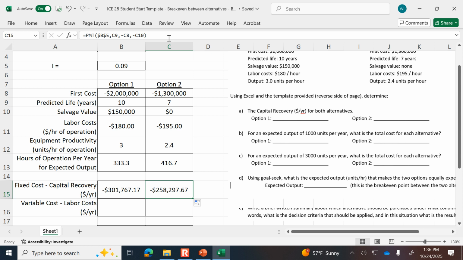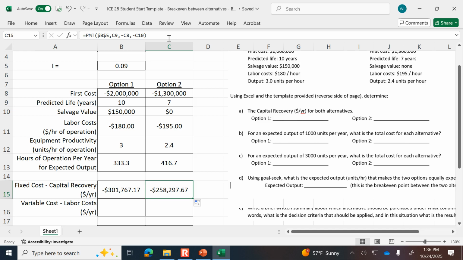What's the rule I've told you about comparing things that have a different useful life? Has to be the same study period if we're doing present worth analysis or future worth analysis. But if we are doing annual worth analysis, then it's okay to compare things with a different useful life, as long as the assumption is that it's repeatable.